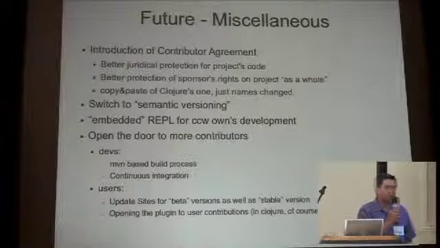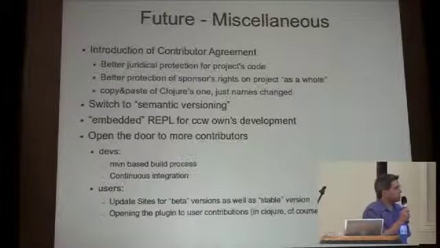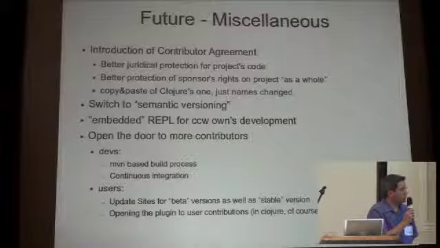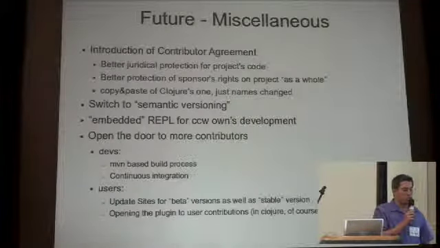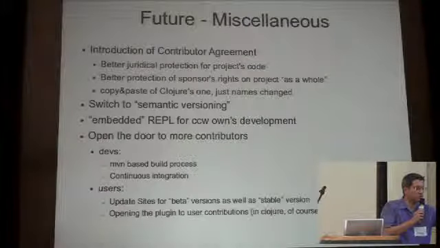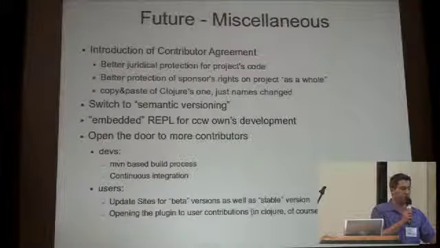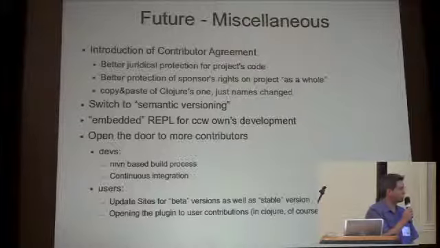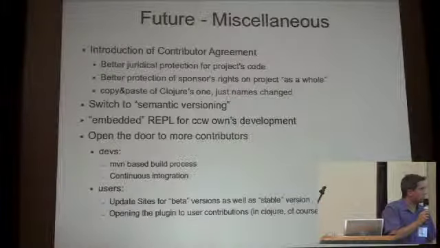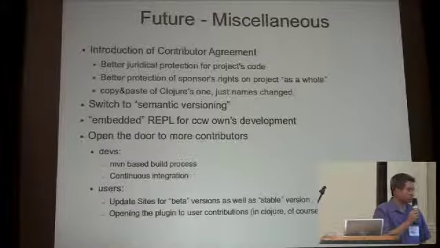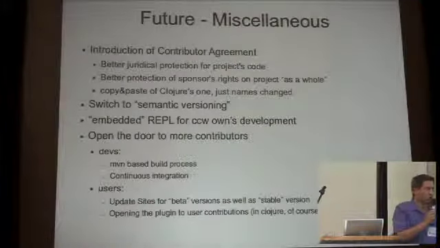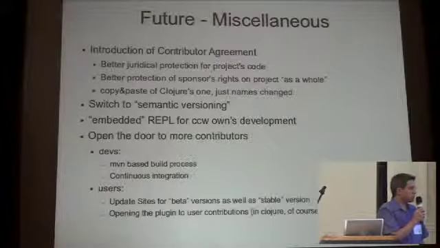So the REPL integration will also be the occasion to embed a REPL inside Eclipse. So I will not have to start an Eclipse, which is a target of test, but I will test inside the running Eclipse. And we also intend to open the door to more contributors, either devs or users. Devs, because currently it's not that easy to start from scratch with the source code base.